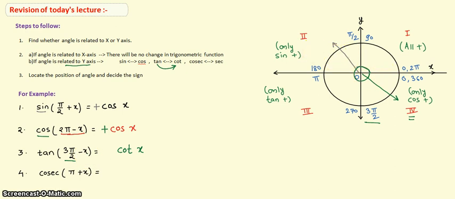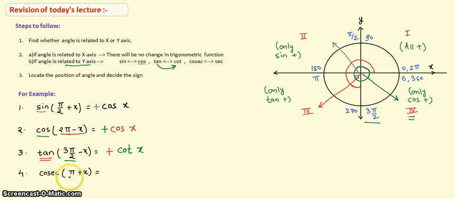See, 3 pi by 2 minus x. This is complete 3 pi by 2, but it is lesser than 3 pi by 2. So it will go in the third quadrant. In the third quadrant, tan is positive. So it will have a plus sign. So tan 3 pi by 2 minus x is what? Cot x, right?